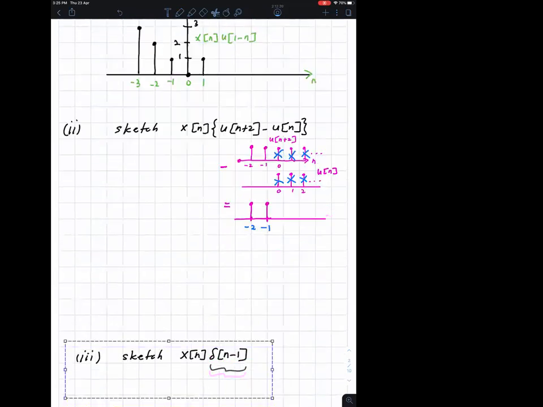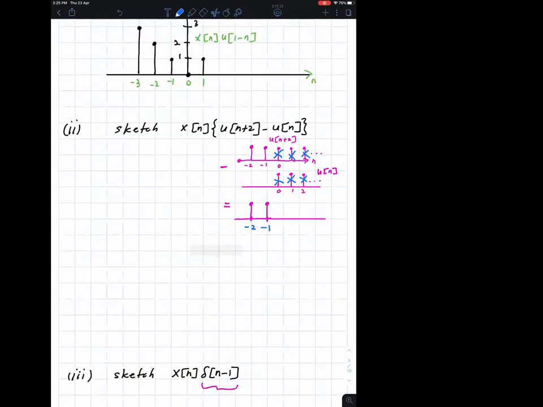In the continuous time signal, u[t plus 2] minus u[t] is going from minus 2 to 0, am I right?